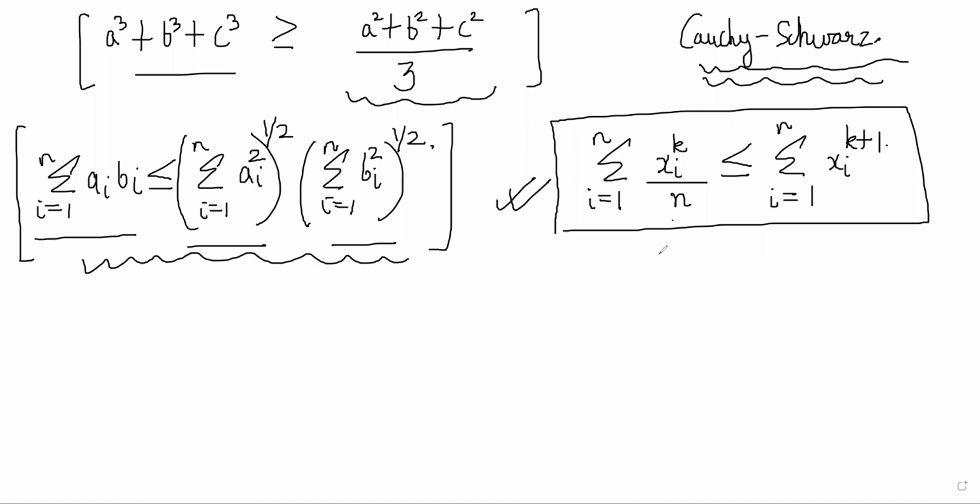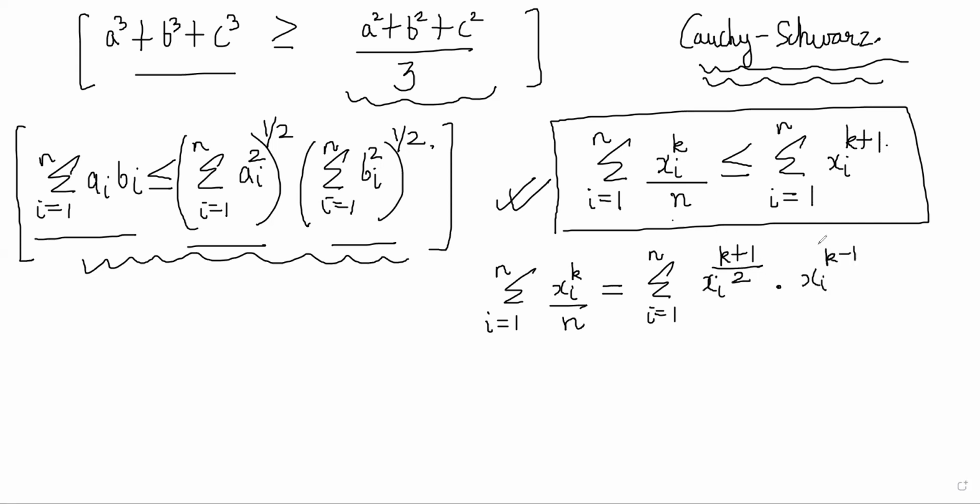What I will say is I will break this summation xi power k by n. Summation i goes from 1 to n, and I can write it as xi power (k plus 1) by 2 multiplied by xi power (k minus 1) by 2, divided by n.